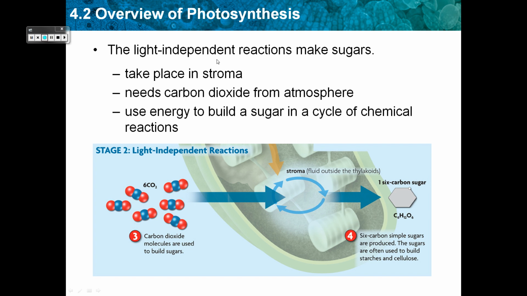All right, the light-independent reactions to make sugar happen in the stroma. Remember, the stroma is the fluid that all the thylakoids are floating in. You need to put in carbon dioxide from the atmosphere. They use that energy from the light-dependent reactions, and they make a 6-carbon sugar known as glucose.